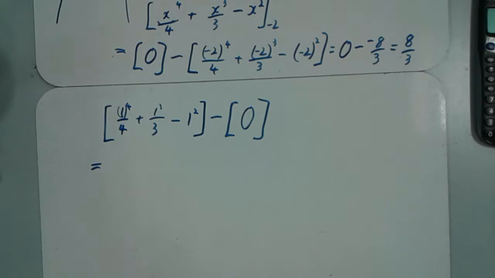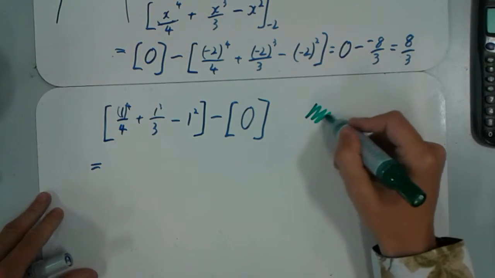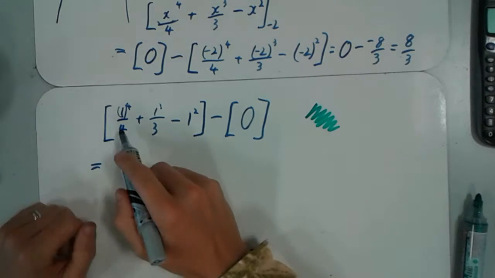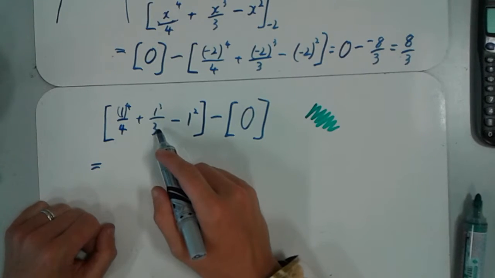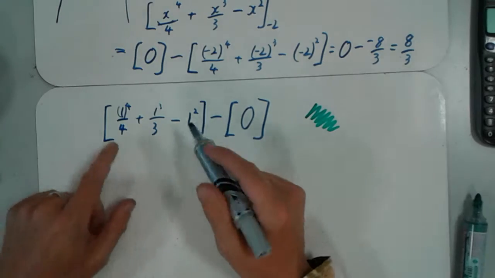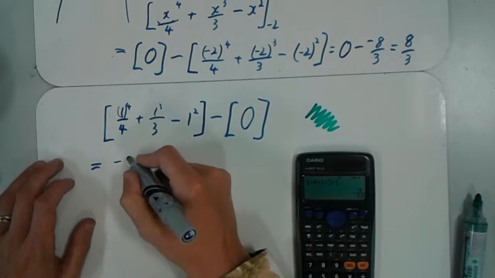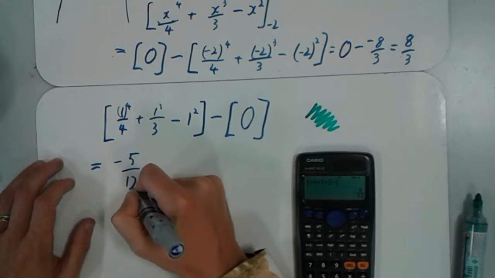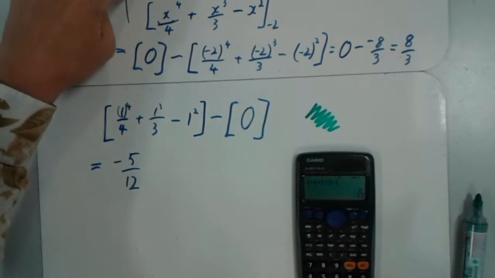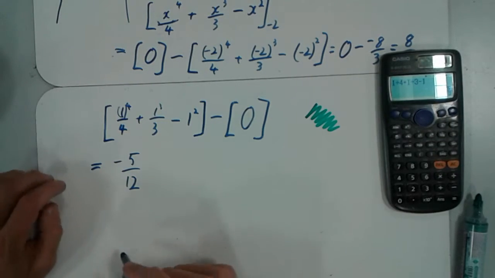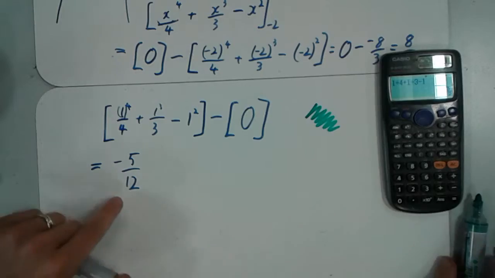Remembering this is the green area. I'm going to get 1/4 plus 1/3 minus 1. So 1/4 plus 1/3 minus 1 gives me minus 5/12. As we expected, a negative area, as we explained earlier. So what am I going to do? Well, I'm just going to take the positive of that number.